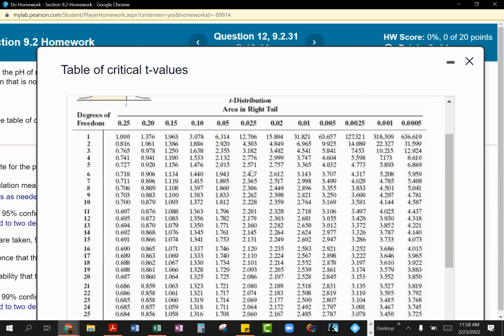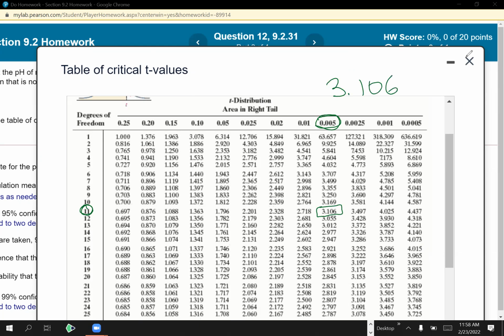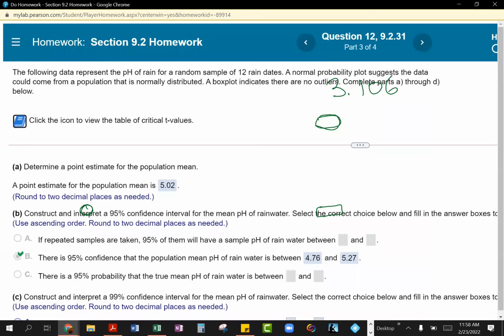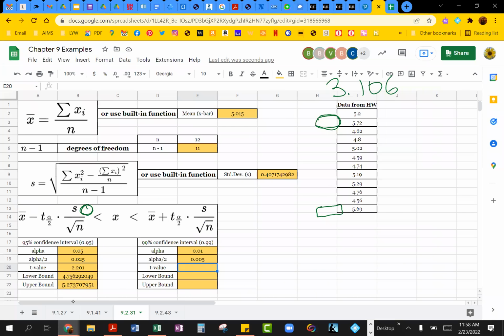Okay, so again, our degrees of freedom is 11. Alpha divided by 2 is 0.005. So let's see, these guys are meeting at 3.106. Okay, so let's put that here.